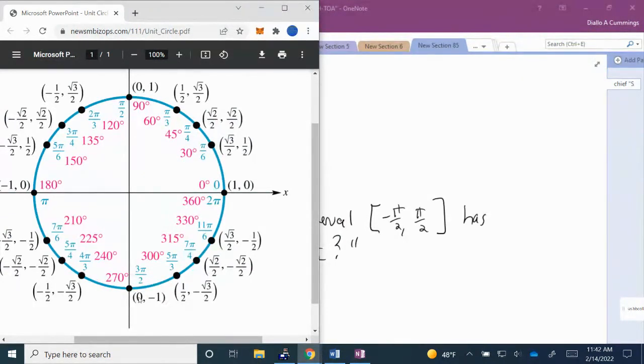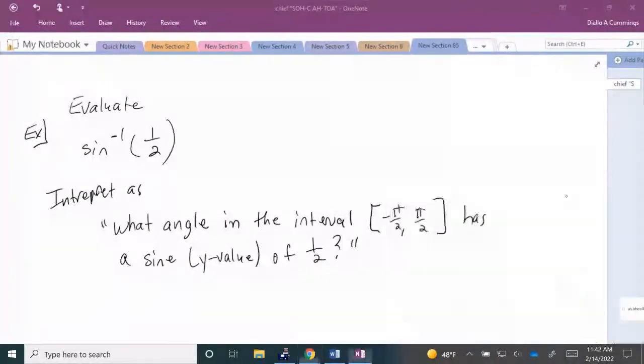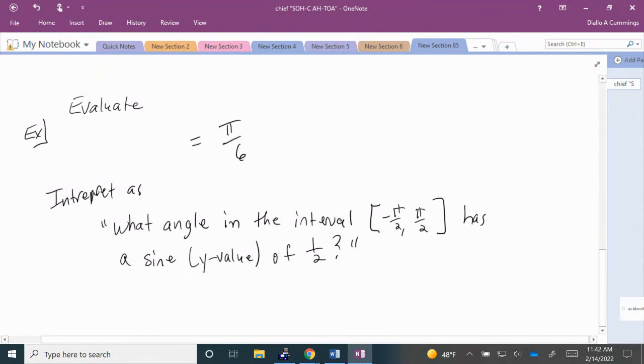Well, on the interval from negative pi over 2 to pi over 2, it seems that the angle pi over 6 has a sine or a y value of 1/2. So the arc sine of 1/2 is pi over 6.